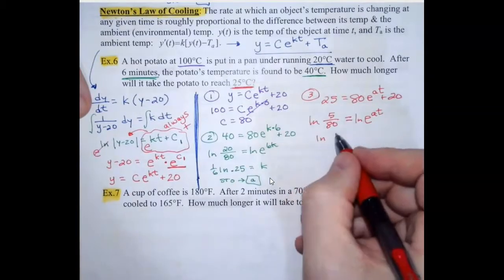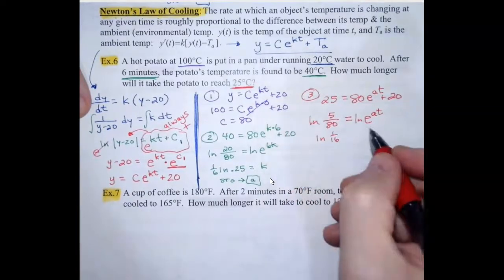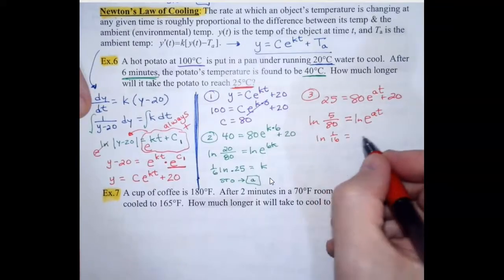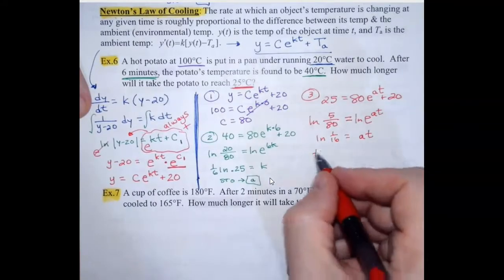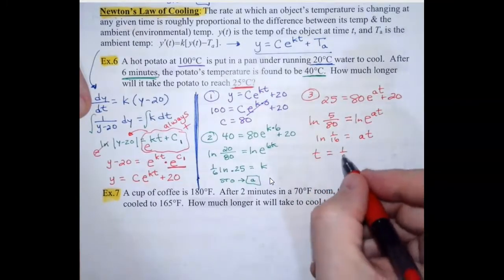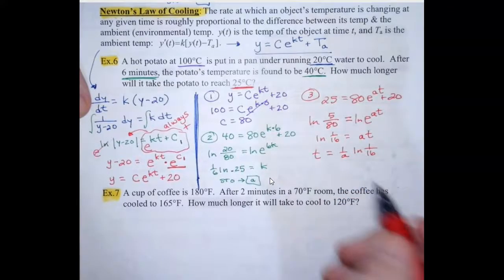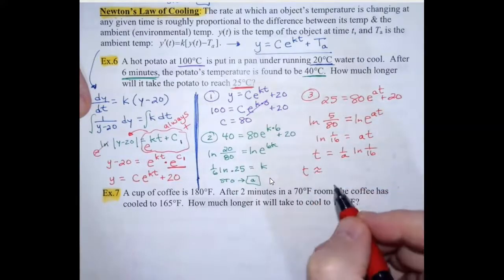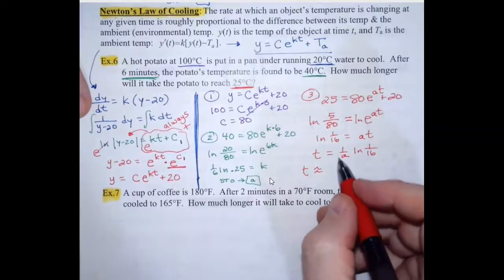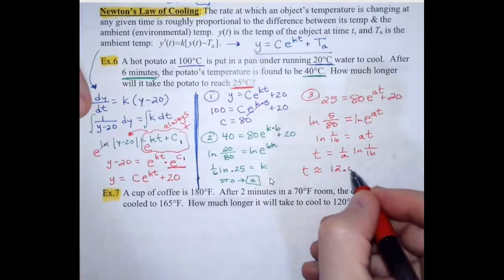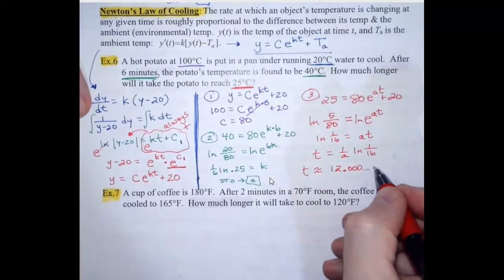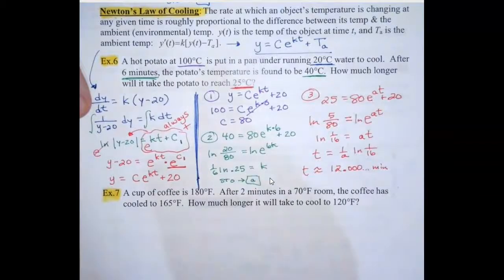Okay, so that's 1 over 16. And this is a times t. So t is equal to 1 over a times the natural log of 1 over 16. And so if you do it in the calculator, that turns out to be 12.000 minutes.